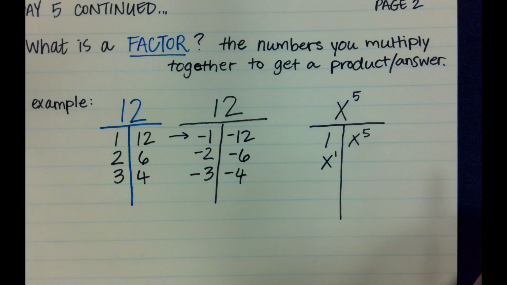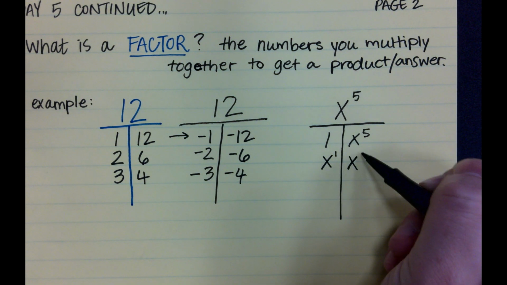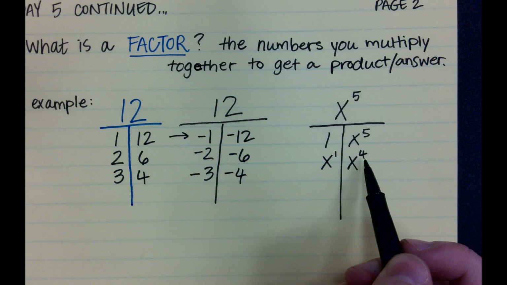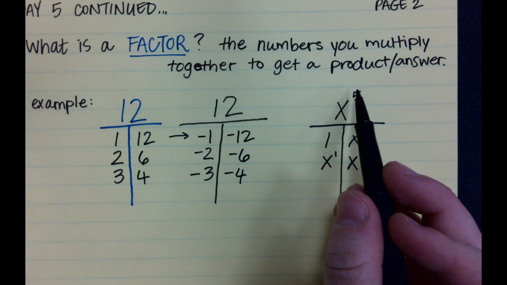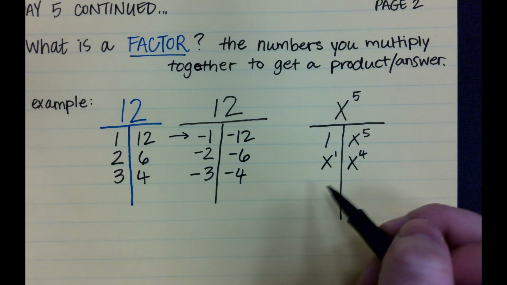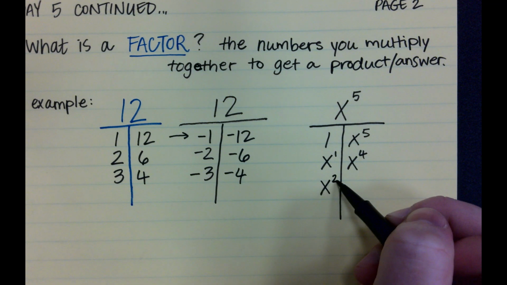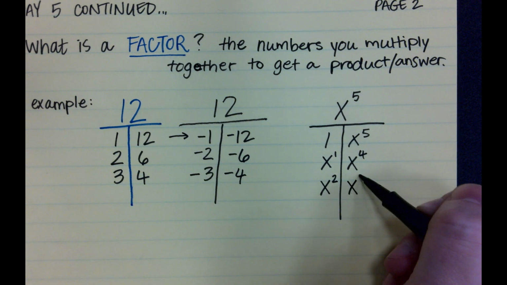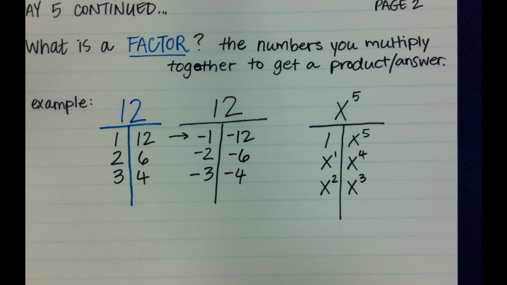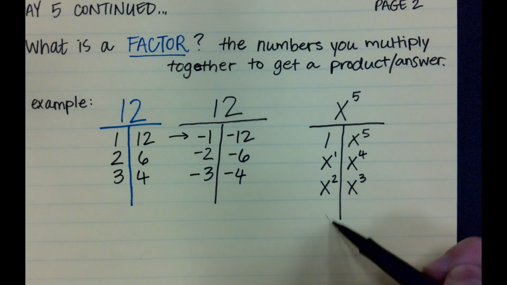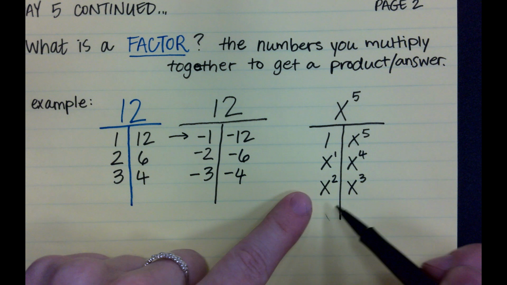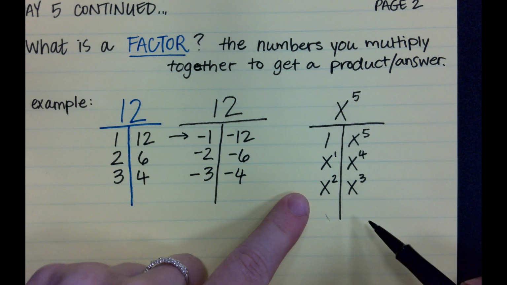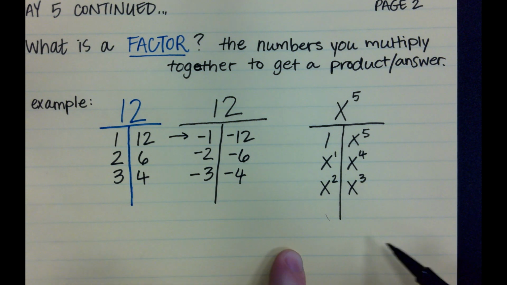X to the 4th power, because 1 plus 4 is 5. You guys see that? What about x to the 2nd power? X to the 3rd. Good. And if I kept going, it would just flip-flop. X to the 3rd times x to the 2nd. X to the 4th times x to the 1st, and it could go on and on.